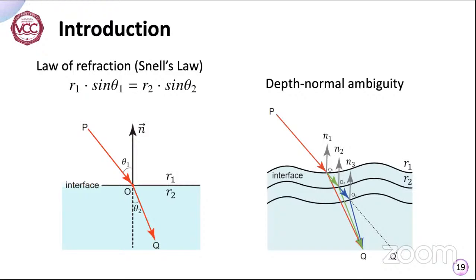If you can see from this illustration, multiple combinations of the surface depth and normal can all satisfy Snell's law. So the surfaces of different depth values, like O1, O2, or O3, all correspond to different normal vectors N1, N2, N3. This all meets this refraction relation. So we call this depth normal ambiguity.